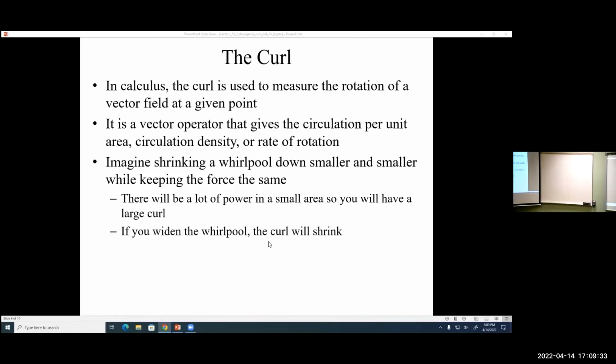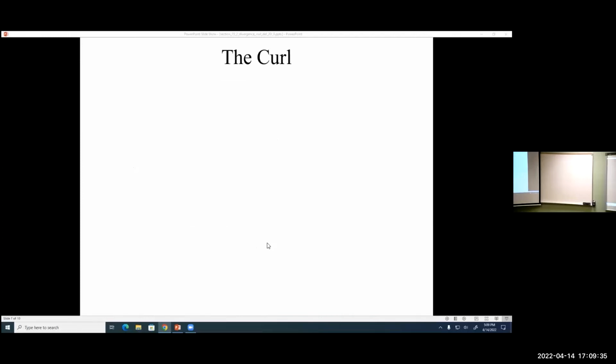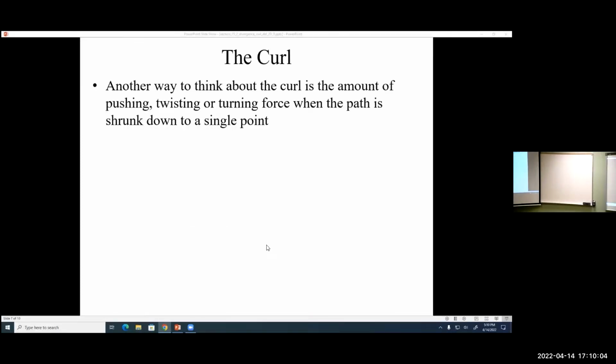I want to give you an idea of what this curl is. The curl is the amount of twisting going on when the path is shrunk down to a single point. Imagine putting a flat surface in water, like that site Better Explained talks about using an oar. Imagine putting an oar down in the water. What happens with the oar? Does it go forward? Does it go back?